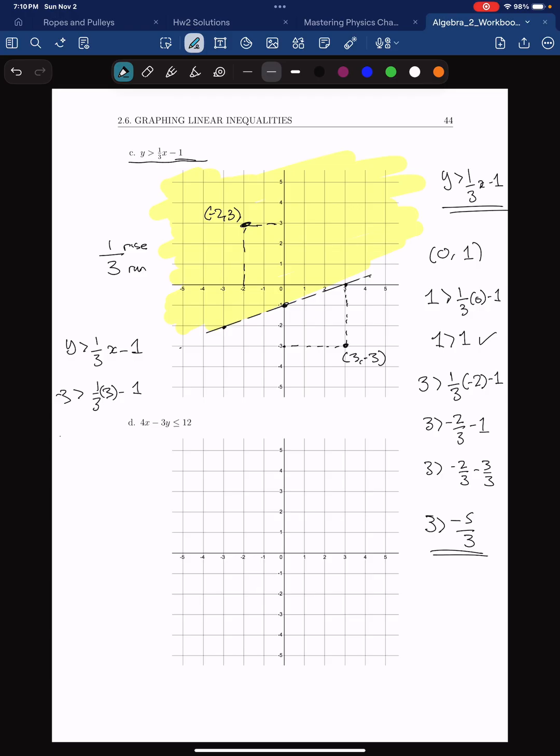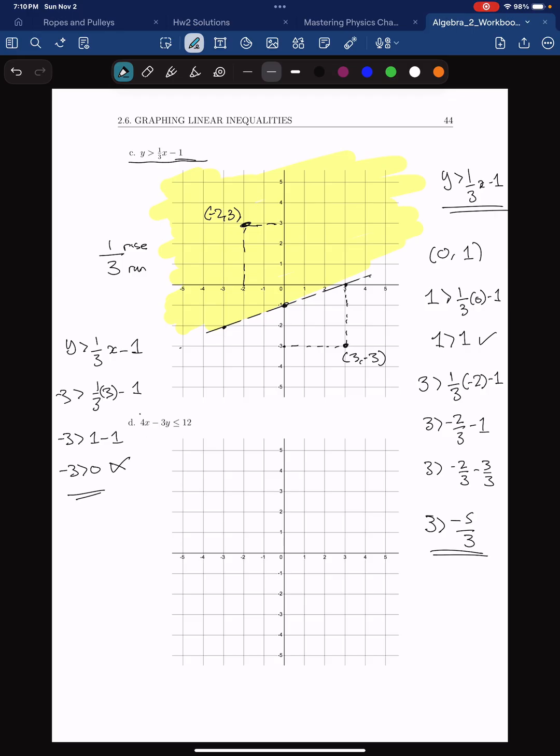Let's see, that minus 3 will be greater than 1 minus 1. Minus 3 will be greater than 0. Does not satisfy our inequality. All right? So that's how we should think about it. Every point outside the shaded region would not satisfy the inequality as it is.